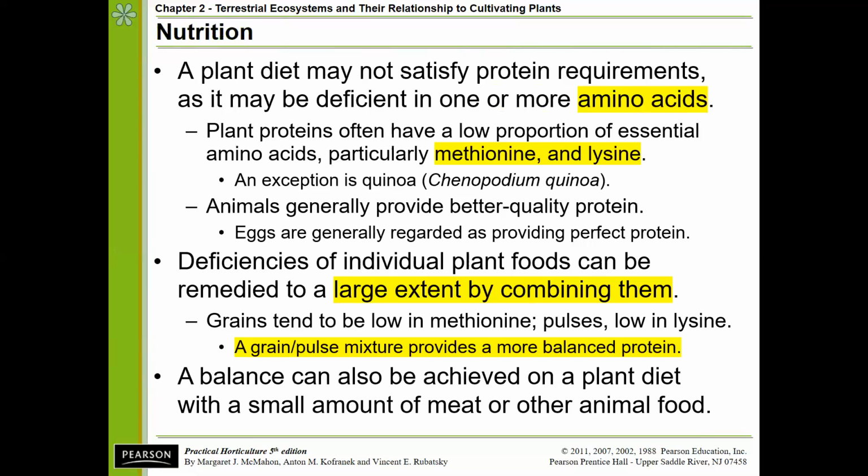In all agriculture worldwide, we're looking at some sort of grain and legume mix to get a balanced protein. That's because most grains lack methionine and most legumes lack lysine. So by combining those, we get a full range of amino acids with which to build proteins.